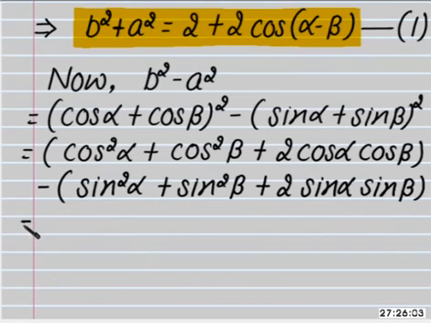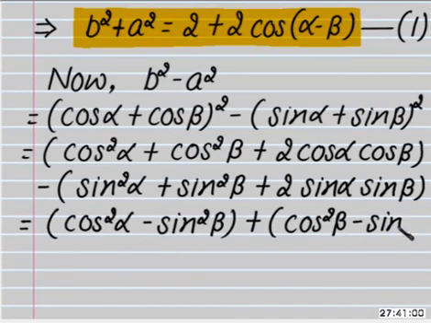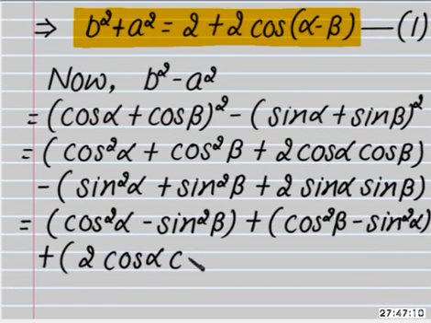Further we can write it as it is equal to cos square alpha minus sin square beta plus cos square beta minus sin square alpha plus 2 into cos alpha into cos beta minus 2 into sin alpha into sin beta.